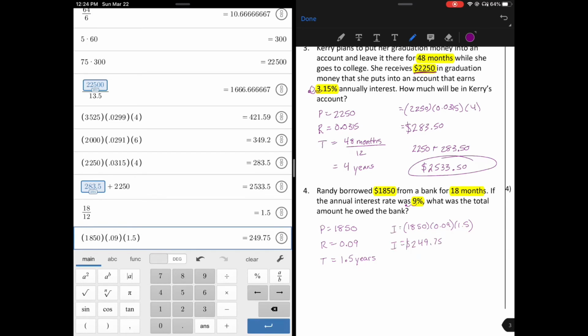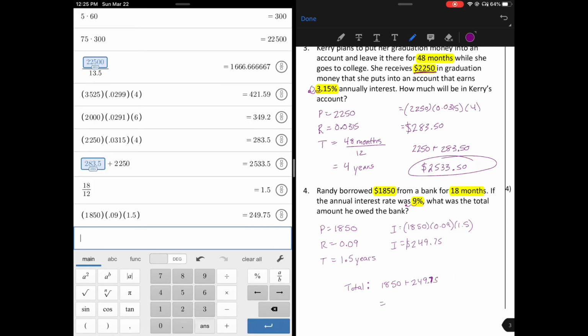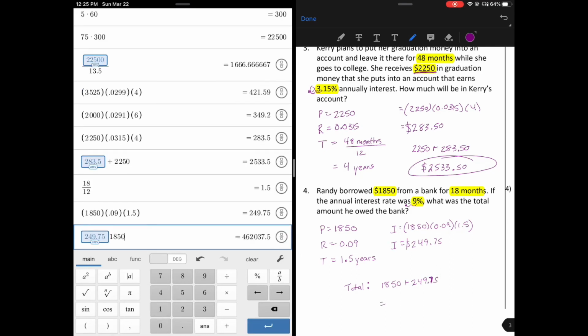To find my total, I'll do my principal amount plus my interest. And I'll find that at the end of that time, Randy will owe $2,099.75.